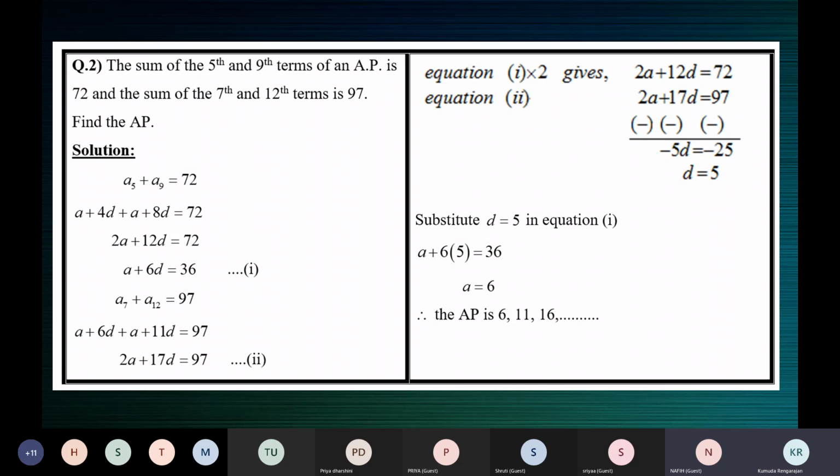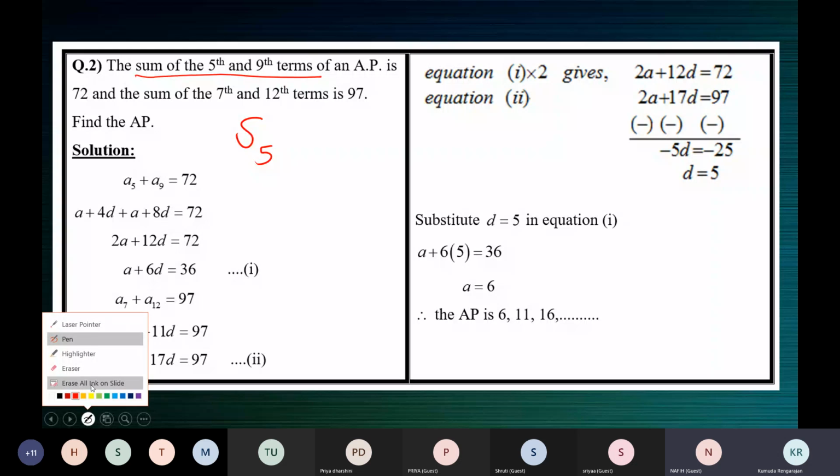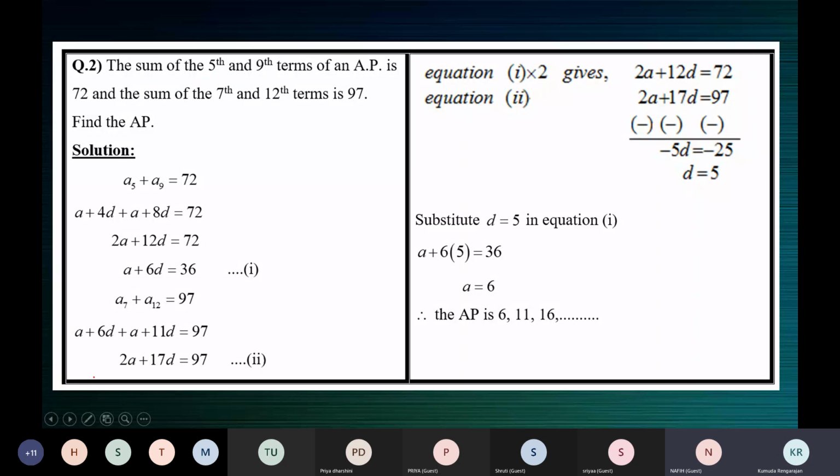So children, this is not to be confused with the sum to 5 terms or something. The sum of the 5th and the 9th terms. It's nothing to do with S5 or S9 here. The 5th term is A5, the 9th term is A9.